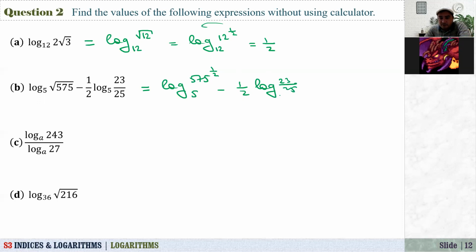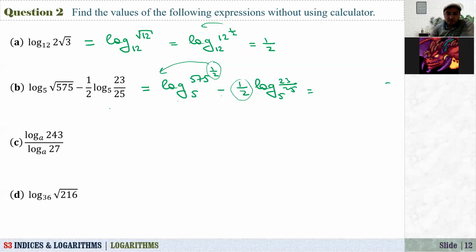The base here we have 5. Now 1 over 2 comes to the front, and also actually 1 over 2 is a common factor. I can just factor out 1 over 2. Inside the parentheses or brackets, here we have logarithm of 5, logarithm of 5. So I can just write a single logarithm of 5, and it is subtracted. So here we have 575.